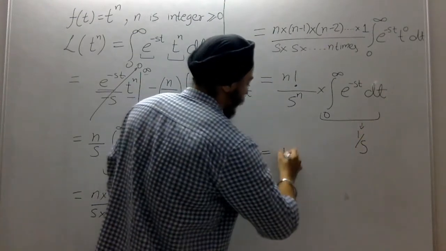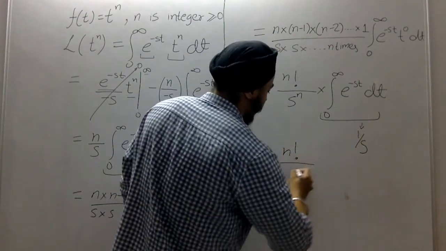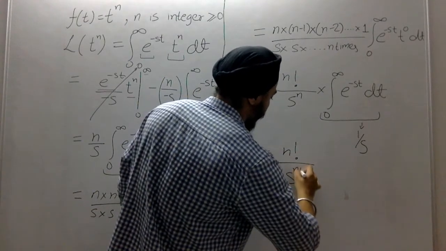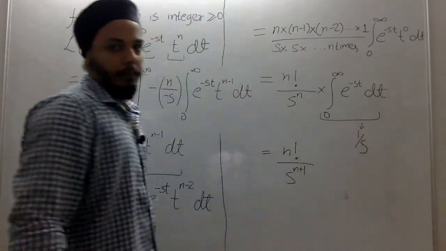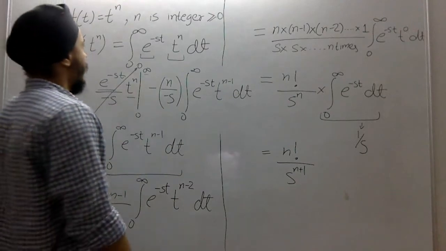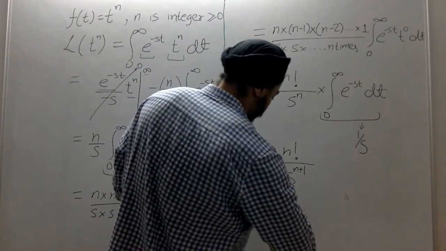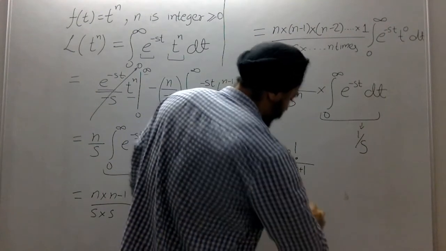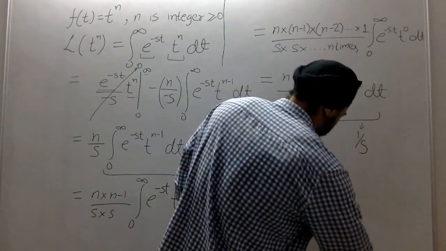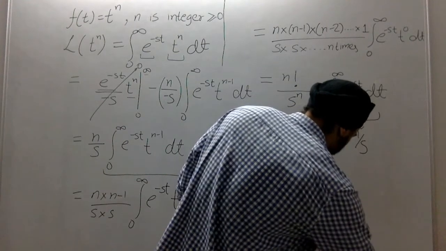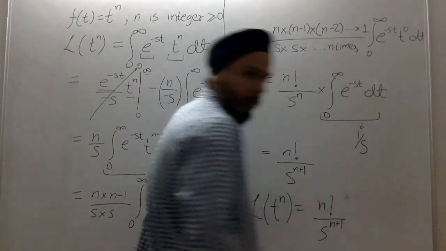So the value becomes n factorial over s to the power n plus 1. So Laplace transformation of t to the power n is n factorial over s to the power n plus 1.